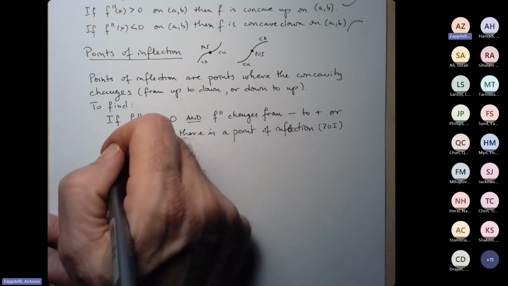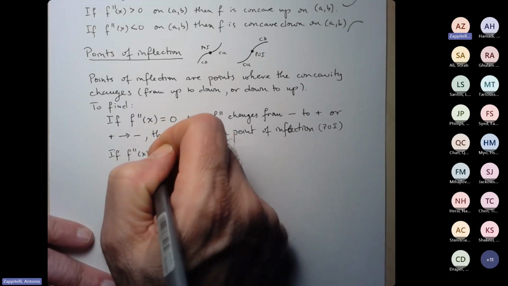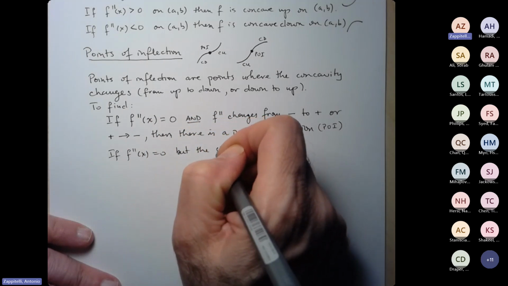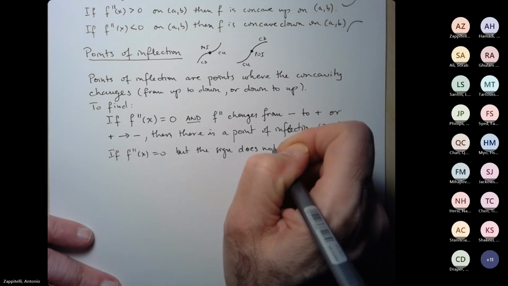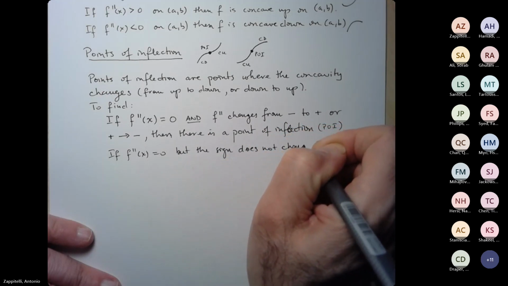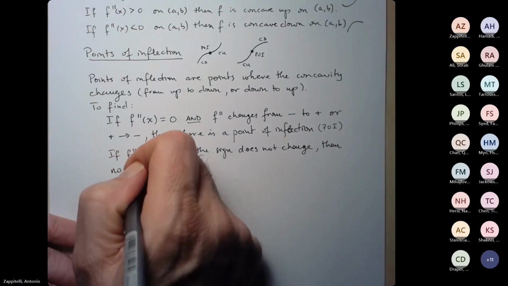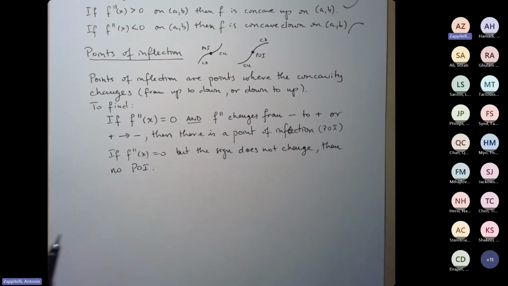Okay. Now, if f double prime at x is equal to 0, but the sign does not change, then there's no point of inflection. Okay, so there has to be a change in sign in order to have a point of inflection.